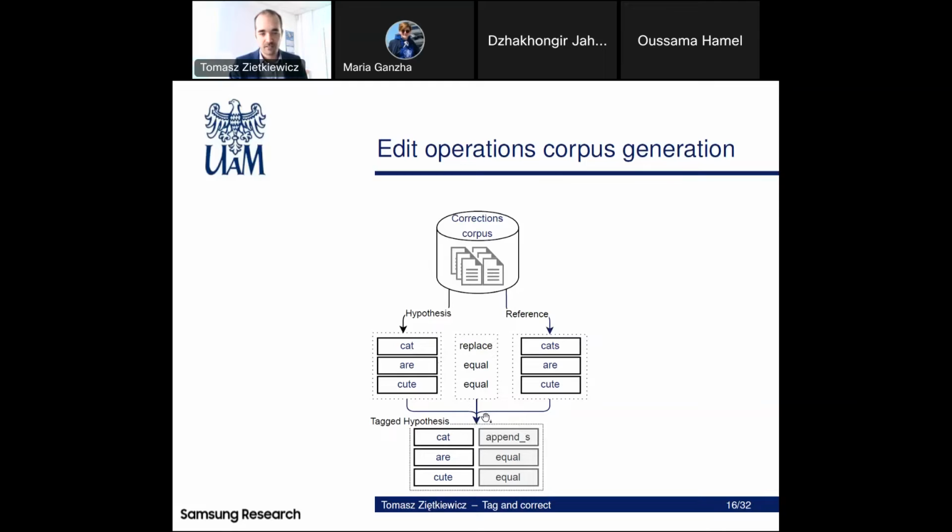And then we compare these words which are different. We have a predefined set of these edit operations, and we look for an edit operation which is able to transform the incorrect word into the correct one. In this case, it would be the operation append s, which appends one letter s to the end of the word which is tagged with this operation. And after applying this operation, this incorrect sentence would be turned into the correct one.